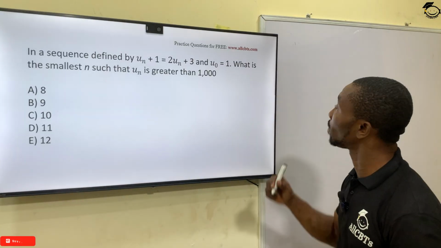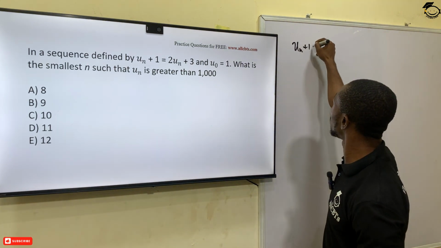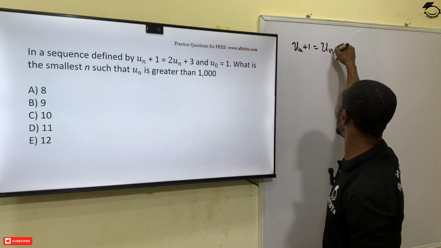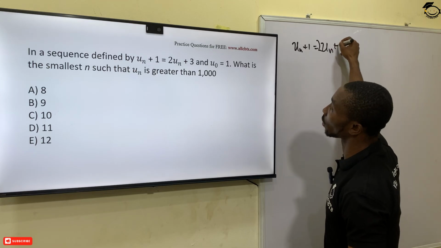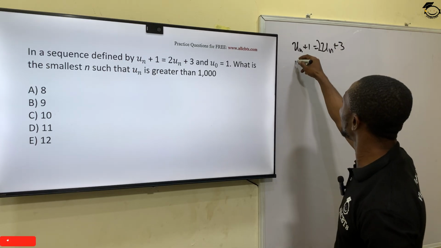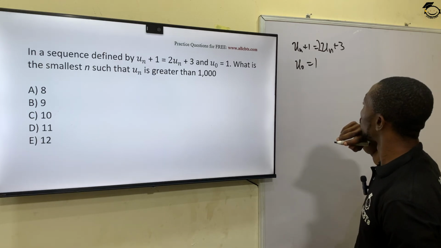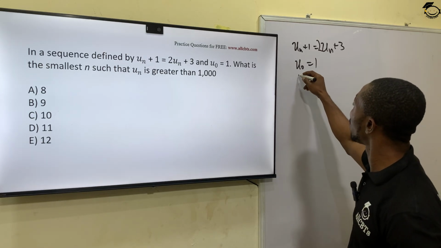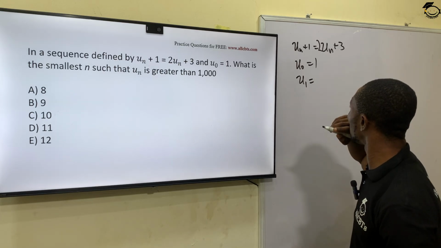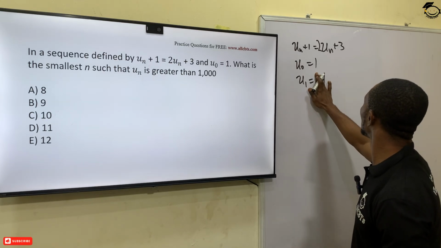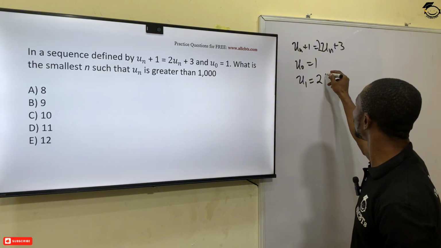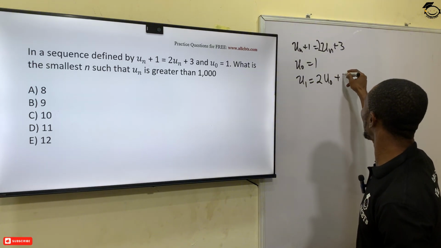In a sequence defined by u(n+1) equals 2u(n) plus 3, we're given that u0 equals 1. So for our u1, we'll be having it as 2u0 plus 3.